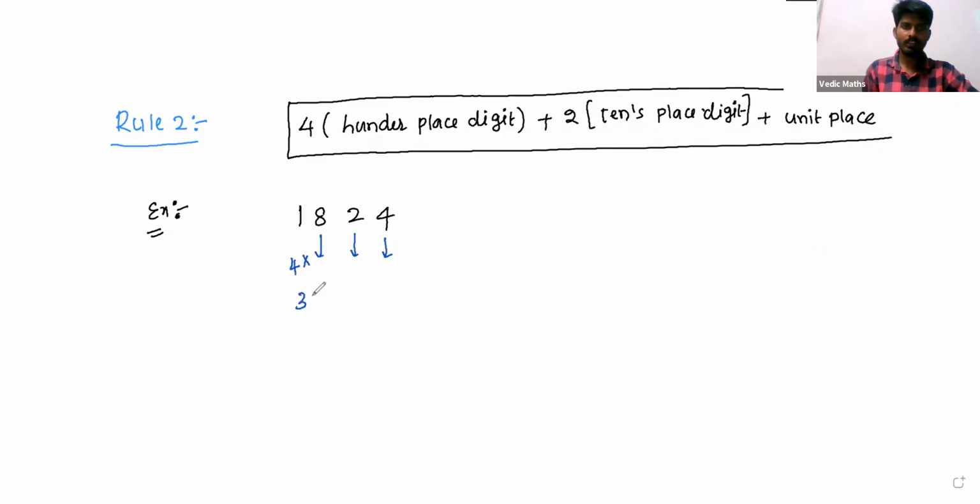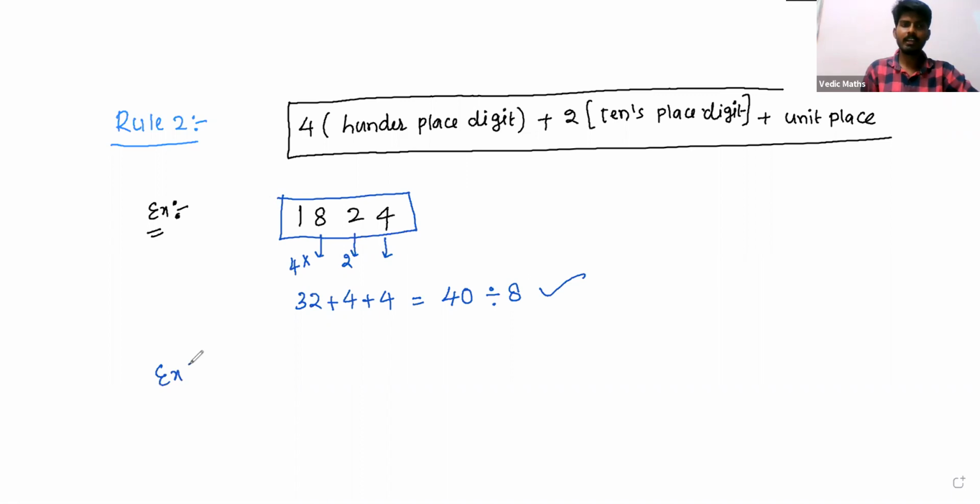Then you get 32, plus the tens place 2 times 2 is 4, plus the unit place 4, we write as it is. So totally we get 40. We know that 40 is exactly divisible by 8, so we can say that the given number is divisible by 8.